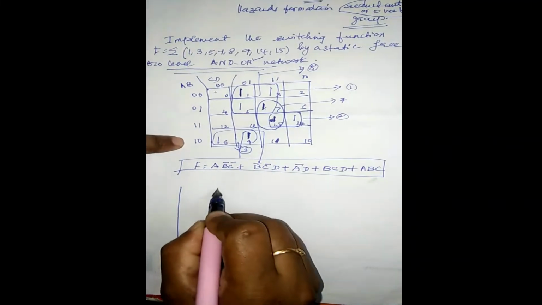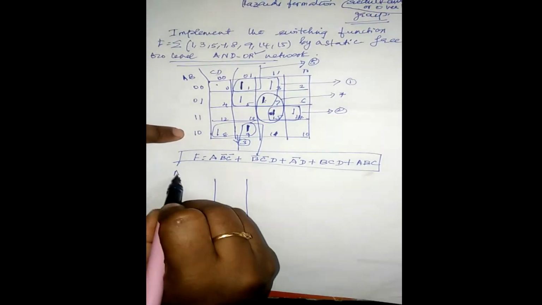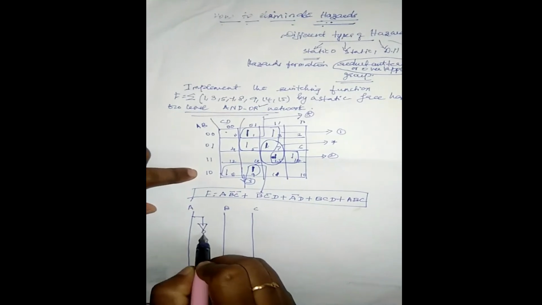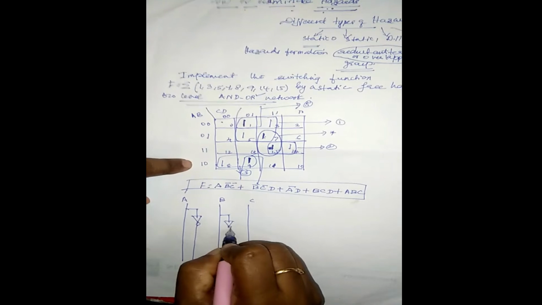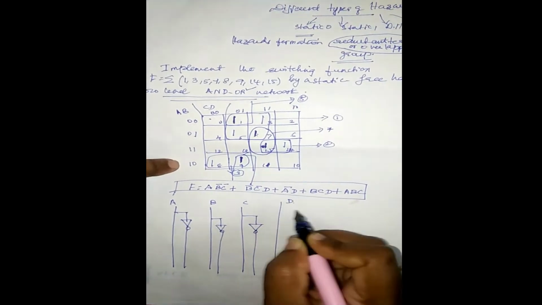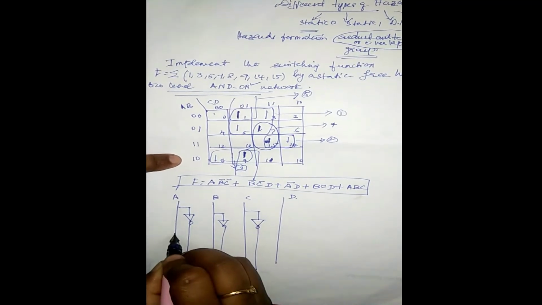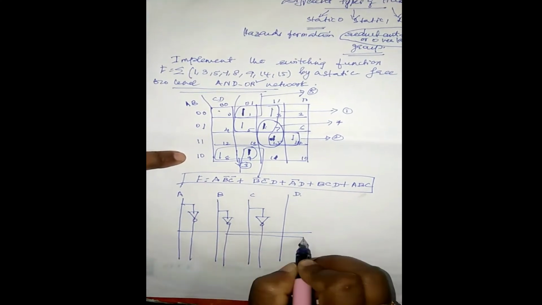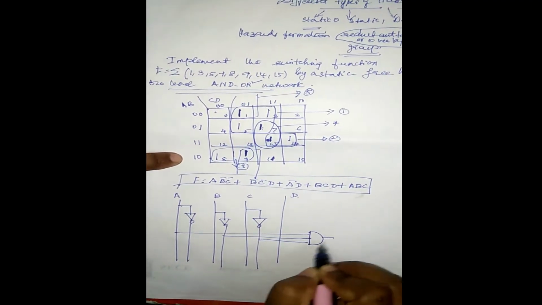We are quite familiar with drawing the AND-OR network. Let me consider inputs A, B, C, and let me represent the NOT gates for A bar and C bar, and because there is no D bar term, I'm taking D. The first term is A, B bar and C bar, represented by an AND gate.